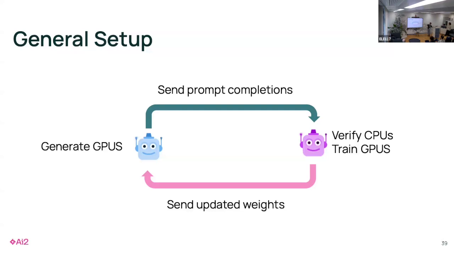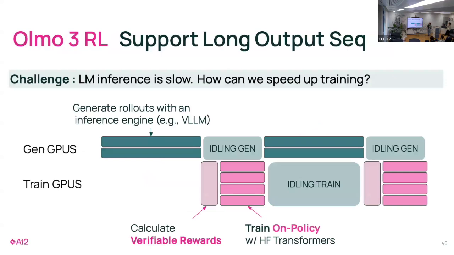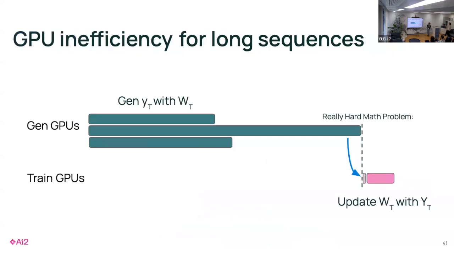And then your generation GPUs just send the prompt completions to the trainer. In practice, if you do this naively, you end up with a lot of idle time where first you generate and your train GPUs are waiting, then you train and the generation GPUs are waiting, and so on. And this is really bad for long context because some of them might take very long to generate. You can't start training until all of them are done.